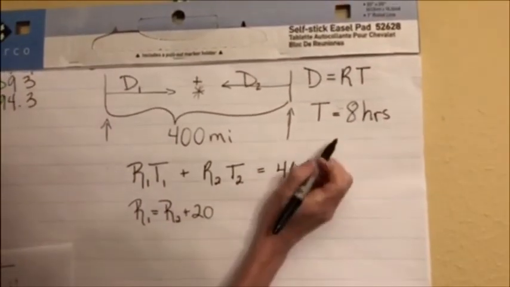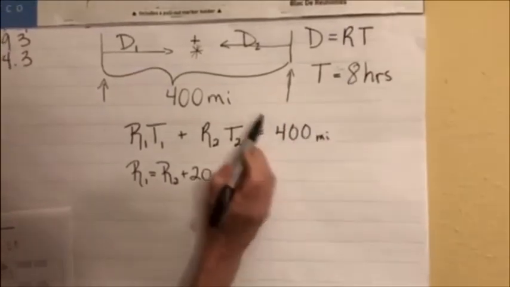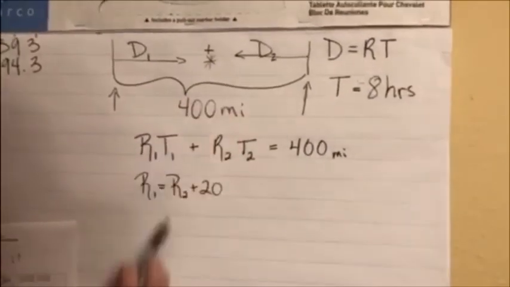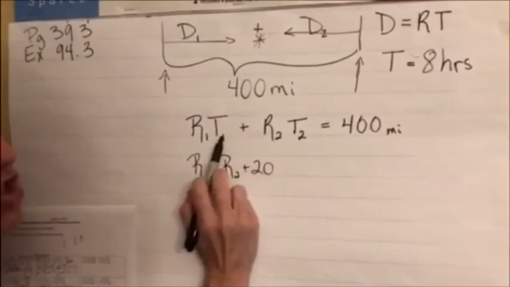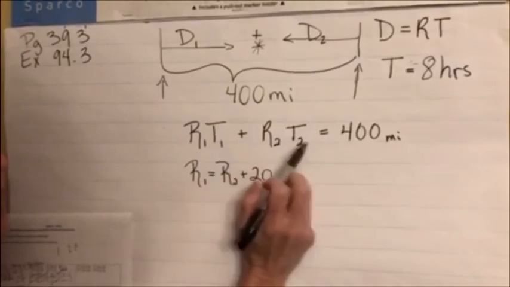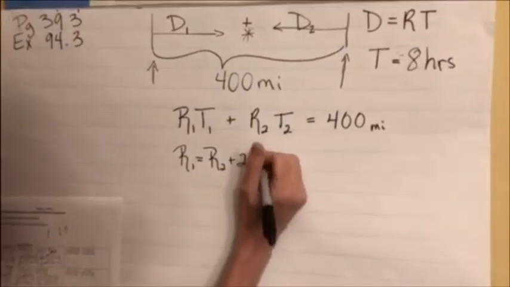And time is going to be the same for ship 1 as well as for ship 2. So that helps us out. That shows us that we can just equate these times. Our times are the same, so that makes things simpler.